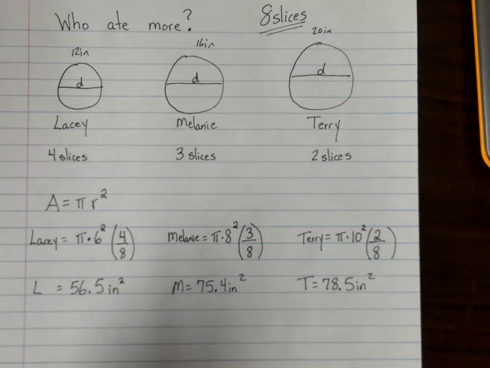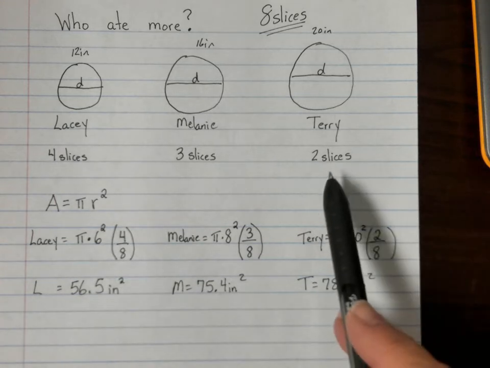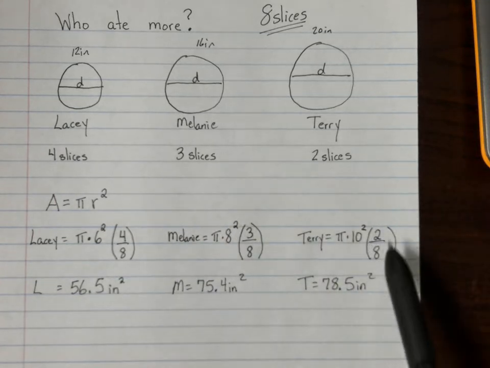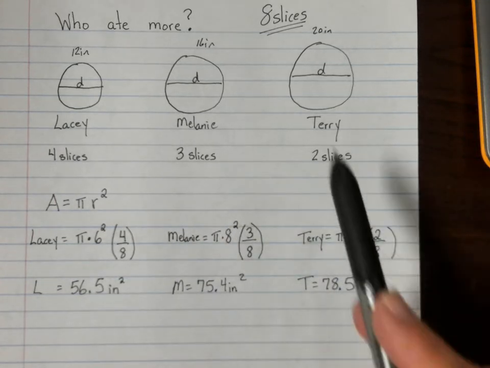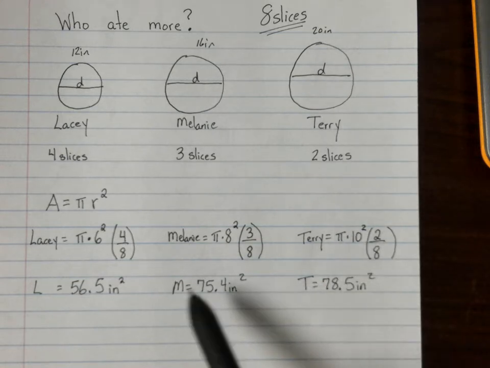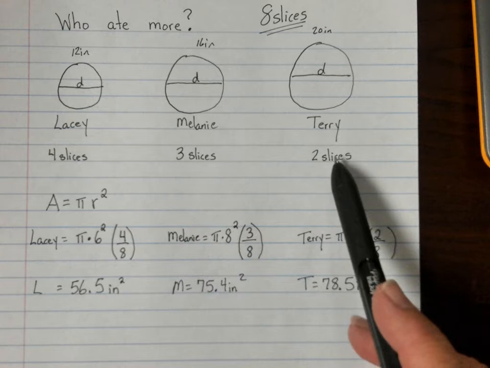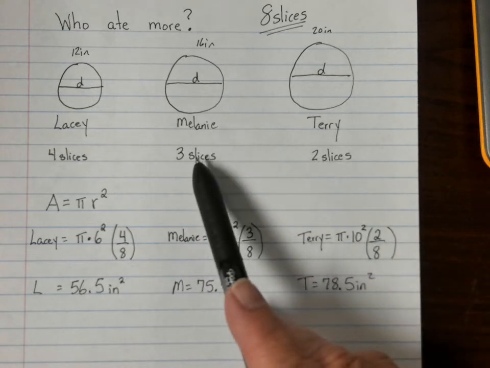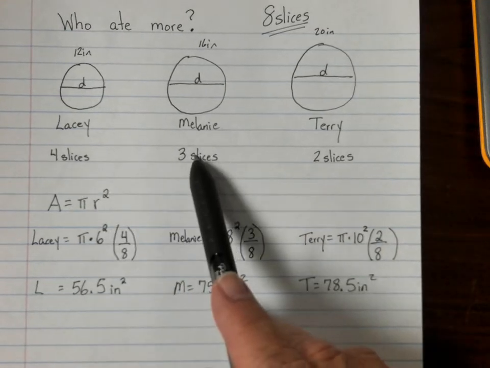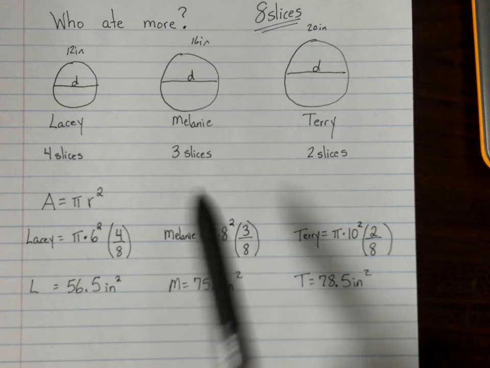And so it has to go in combination. The slices tells you this fraction, but then the diameter gives you this information. And so somebody who ate 2 slices of an extra large actually ate more pizza than these people who ate 3 slices and 4 slices of the large and the medium.